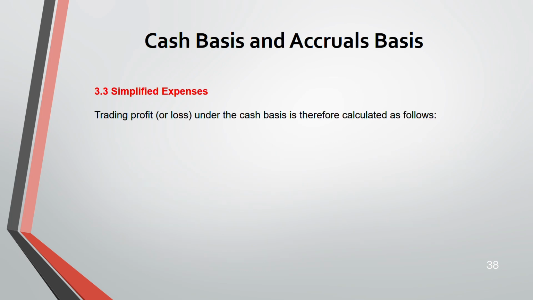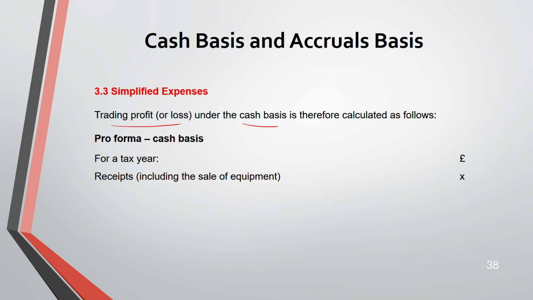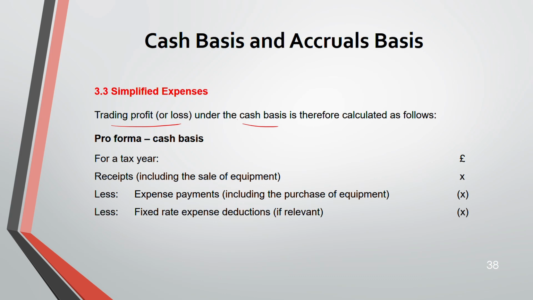Now, this is how a trading profit or loss under the cash basis is calculated. So this is like a pro forma, and you need to memorize it. Take all your receipts, including the sale of equipment. Then deduct expenses, including the purchase of equipment. And also deduct the fixed rate expense deduction if it's relevant.